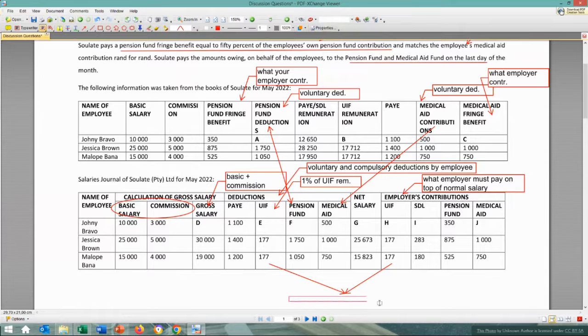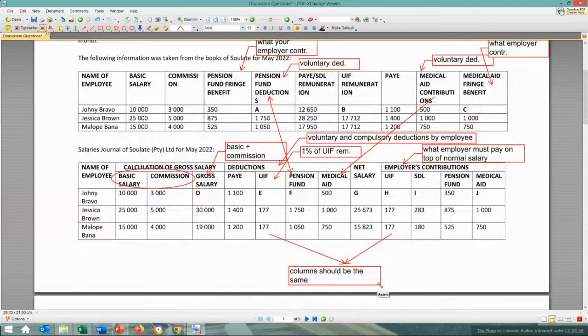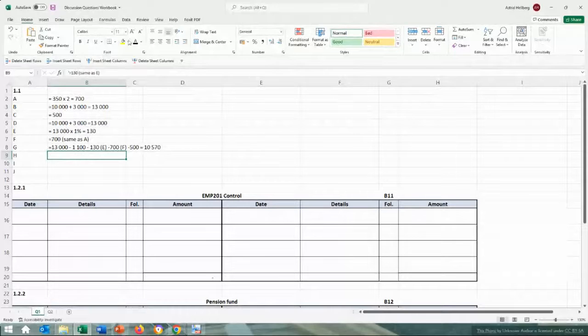So number H is 130 Rand. It's the same as E.